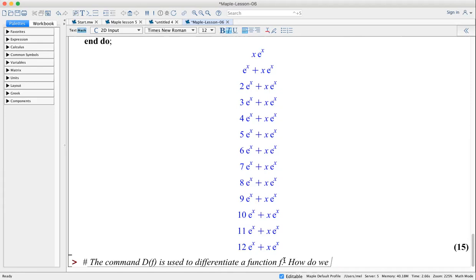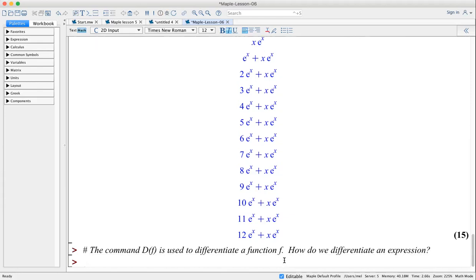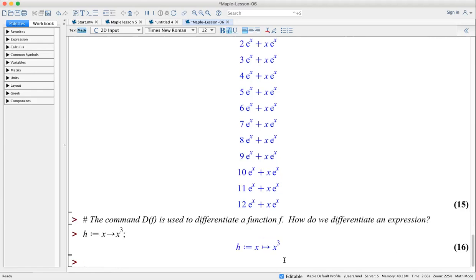How do we differentiate an expression? So the difference is that, for example, this is the function h of x equals x cubed.